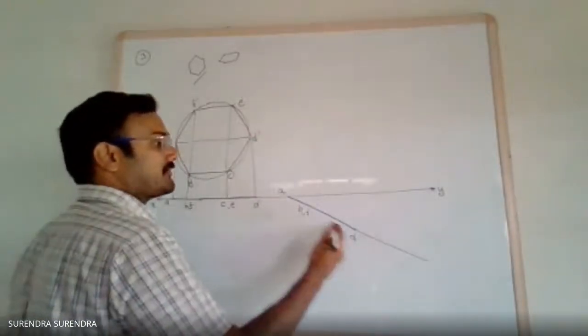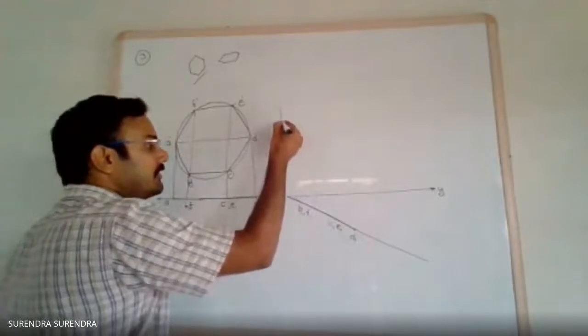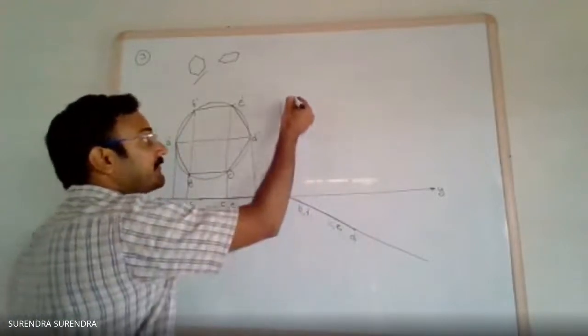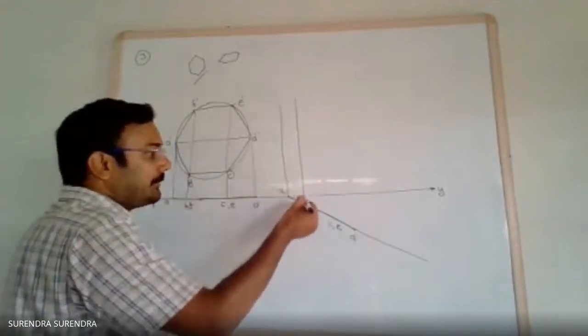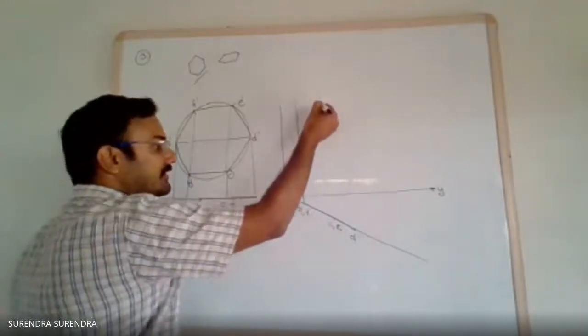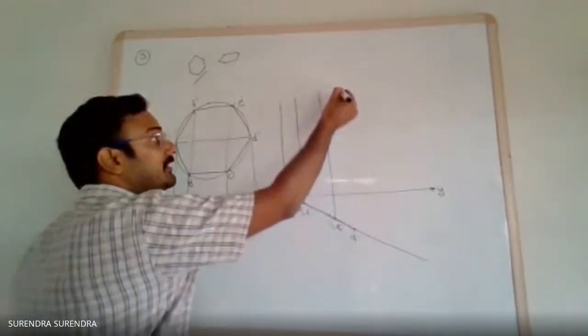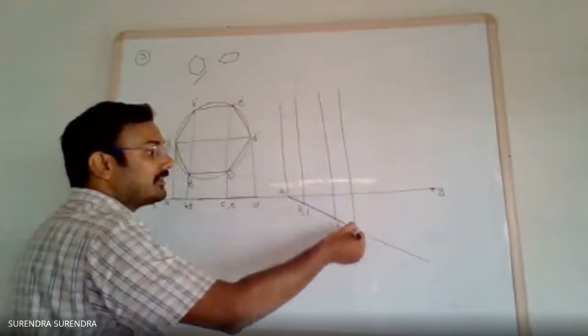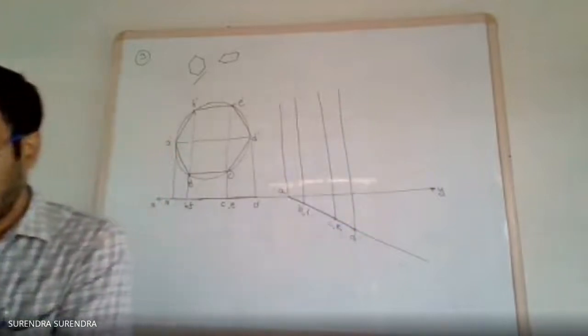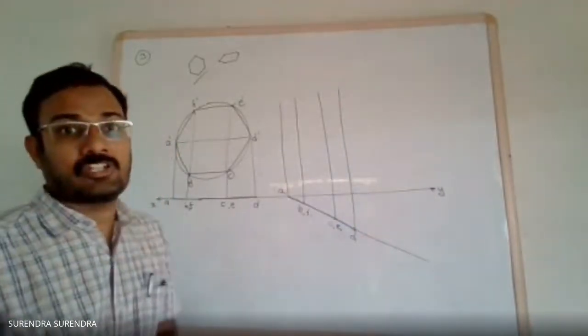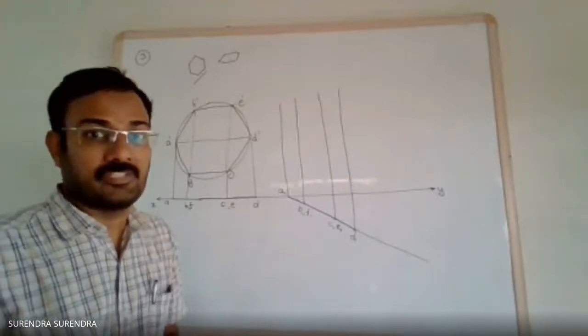Now draw the projection from each and every point. Projection from A, B and F, C comma E and D1. Draw the projections from each and every point from this.